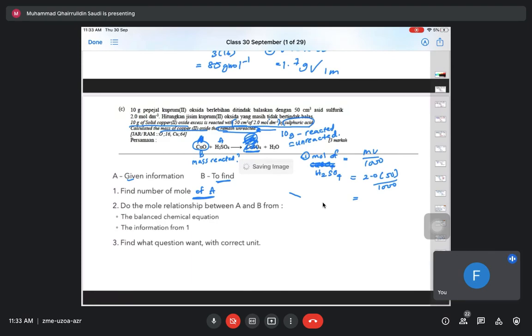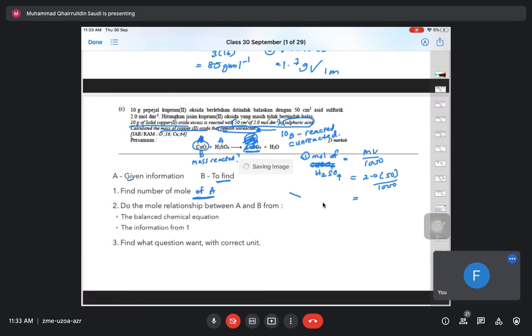The second sentence, okay, from information in 1, so 0.1 mole of H2SO4 react with 0.1 mole of copper oxide. So daripada situ kita dapat number of mole of B. Another 1 mark. Next one, we want to find what the question wants with correct unit. So the question wants the mass.